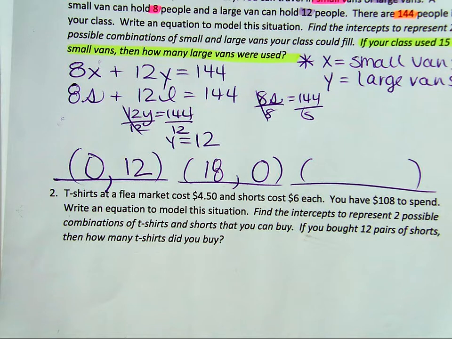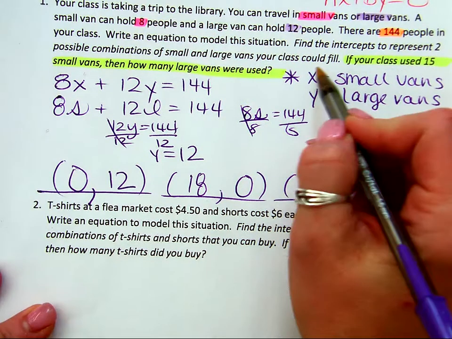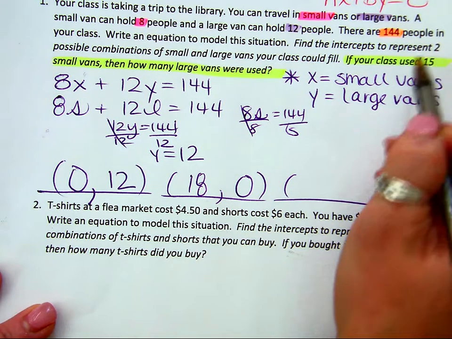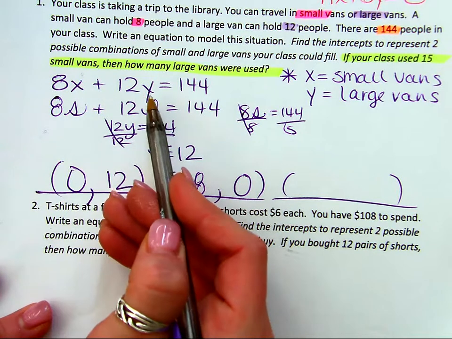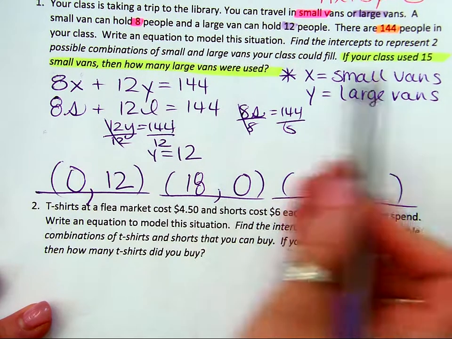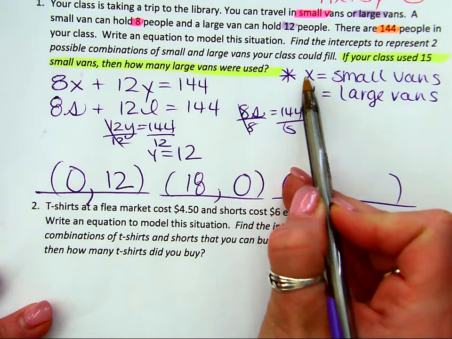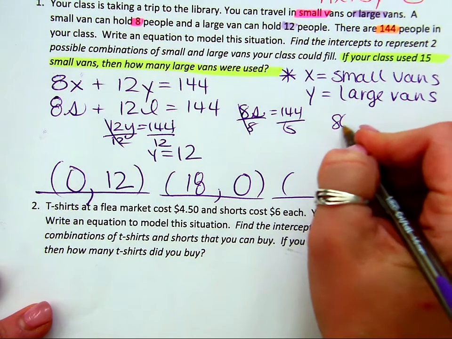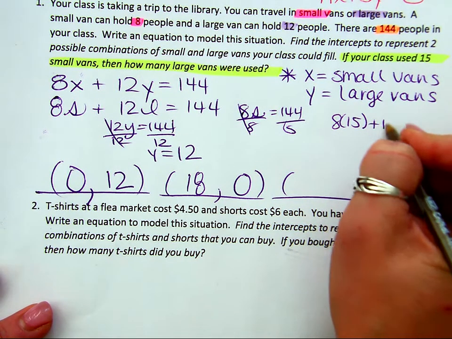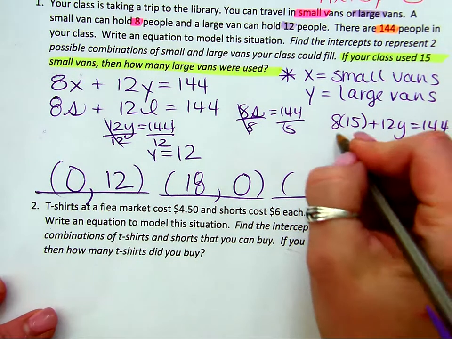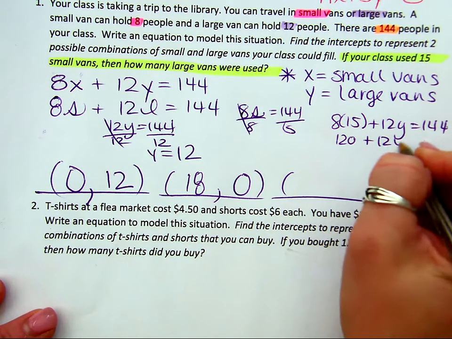So you need to be able to know how many large you will need. Here's why this little bit of information is so important: where do I put 15, in for the x or the y? What is 15? It's small, and small is x. So I say 8 times 15 plus 12y equals 144, and the rest is history from here. You should be really cruising through this part.